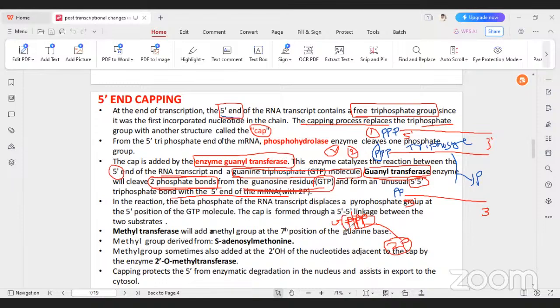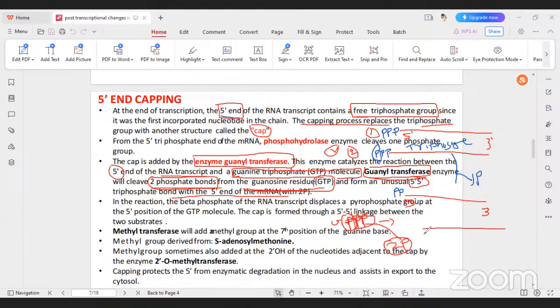This remaining guanosine is now called monophosphate, attached to the 5' end of the mRNA chain.